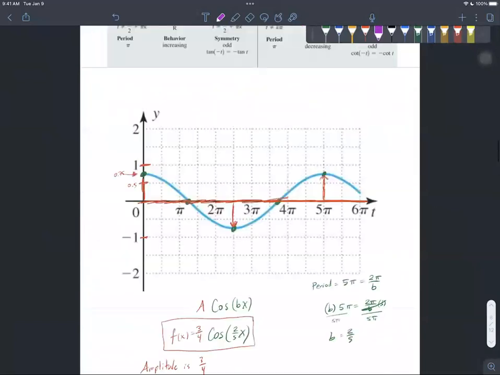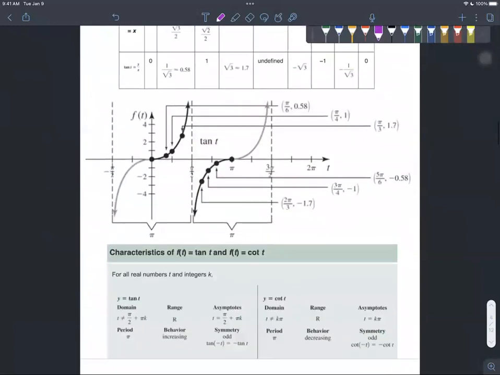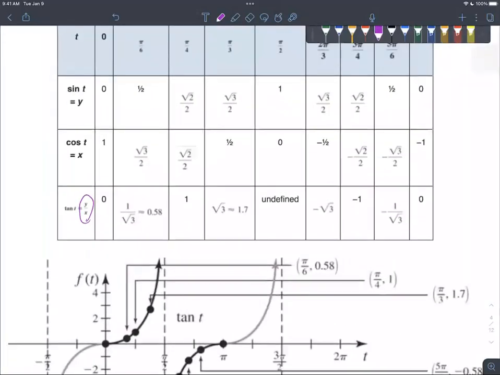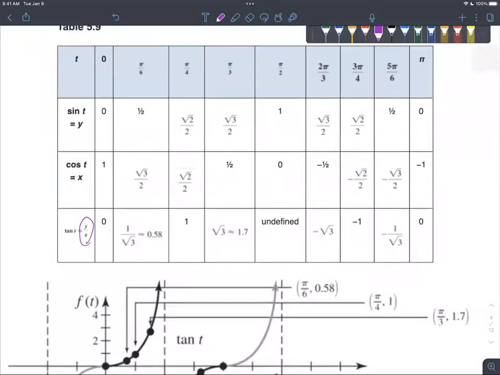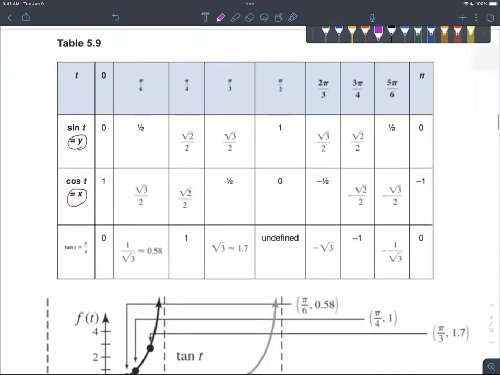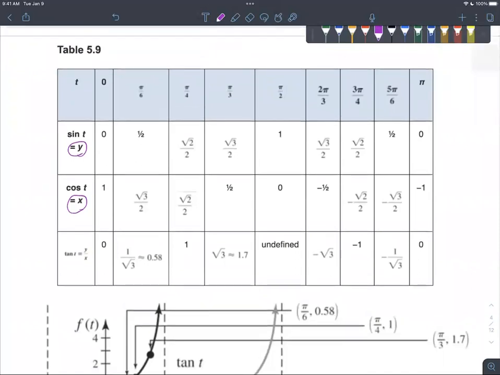All right, so let's talk about tangent then. Tangent we can find because tangent is defined to be y over x. If we find the y value and divide it by the x value, the values of sine divided by the values of cosine, we get the value of tangent. So basically just putting the tables together for sine and cosine, we can find values of tangent.